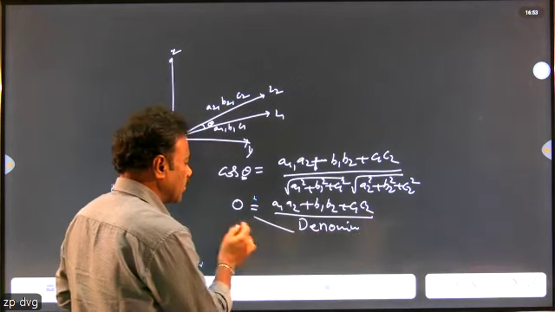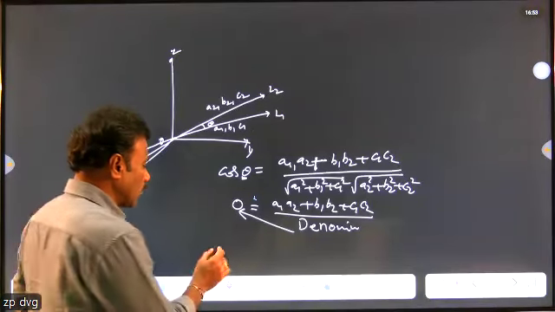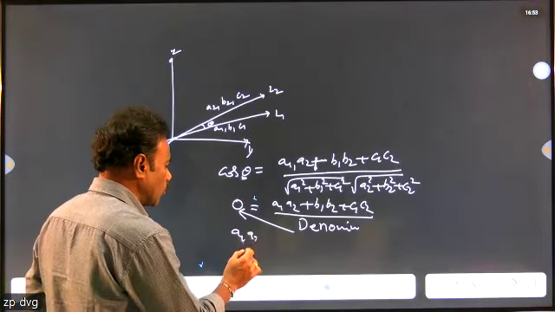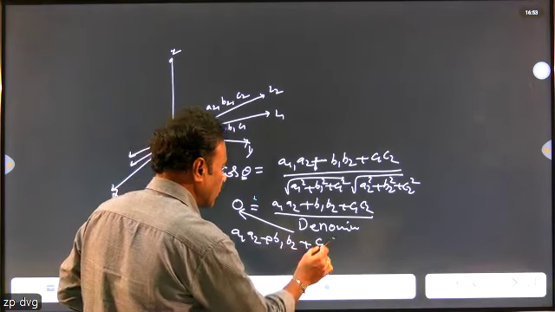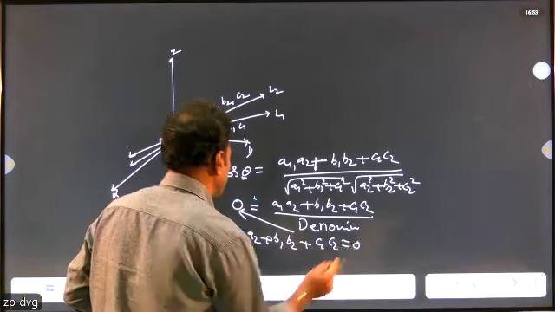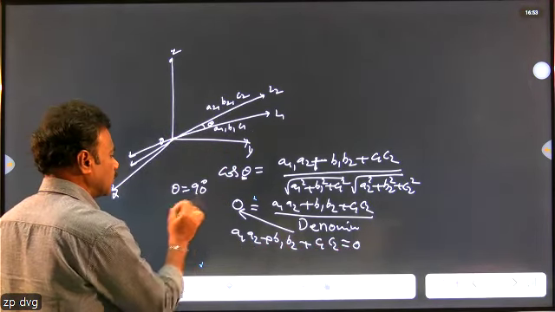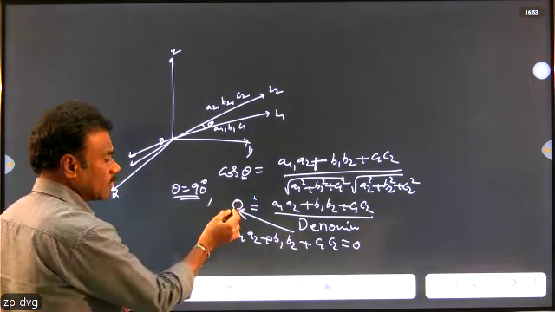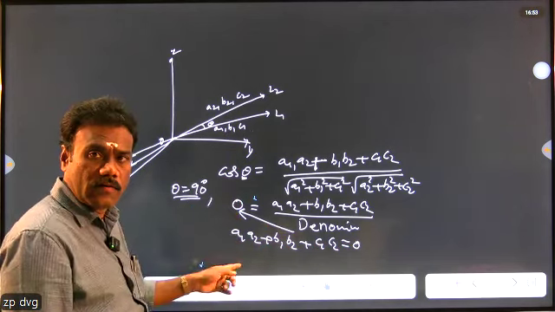If you cross multiply, the right side is 0. That means A1 A2 plus B1 B2 plus C1 C2 is equal to 0.